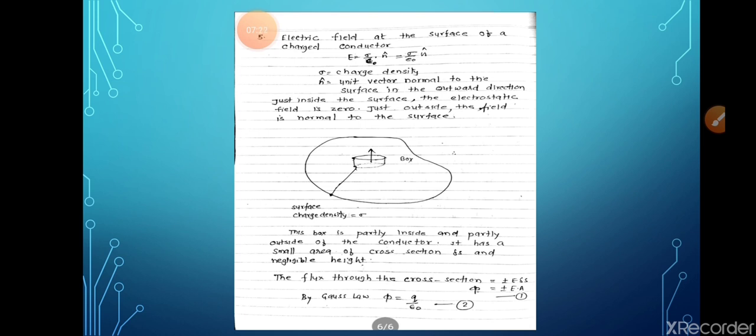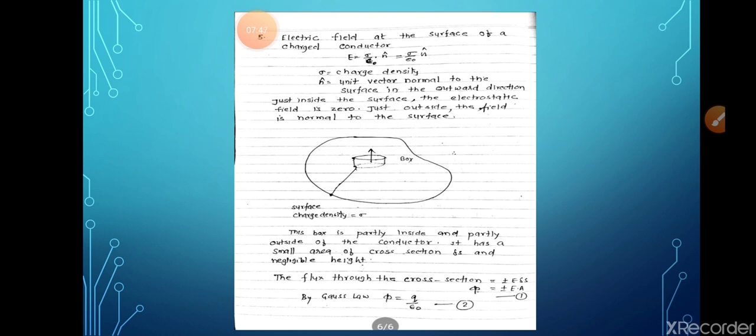Let us consider a short cylinder of small area ds. The area of cross section is delta s, with negligible height. This cylinder is partially inside the conductor and partially outside the conductor.